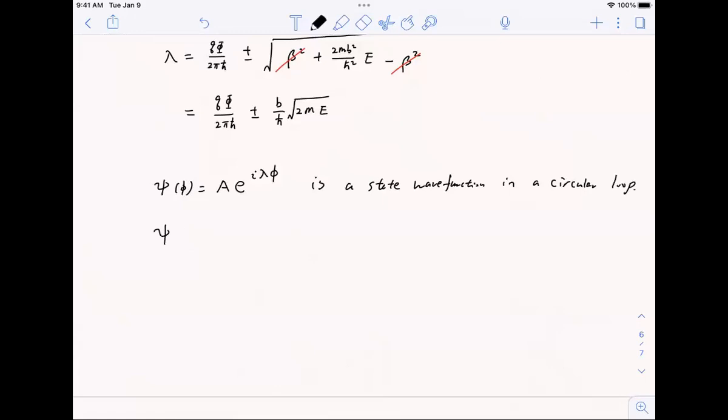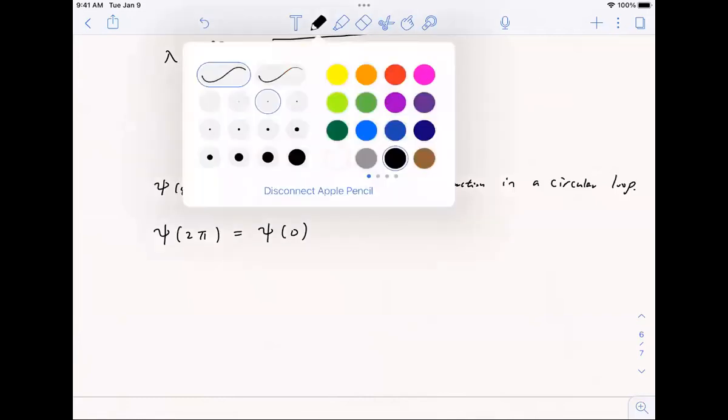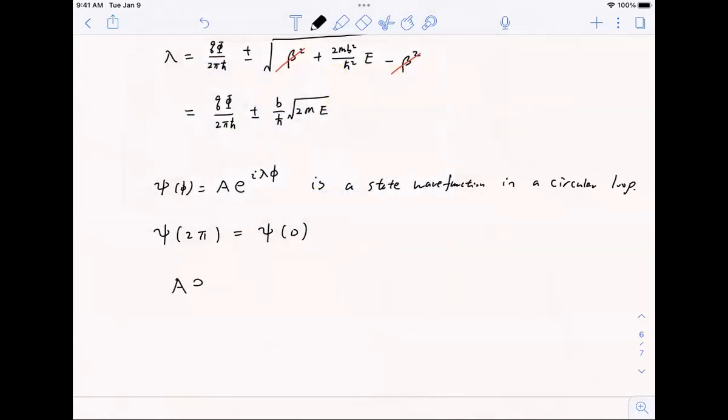So that means if you go around by 2 pi, basically you just say 2 pi, it needs to be the same. Because it's a loop, right? You go back to yourself. So what does it mean? That means A e^(i lambda 2 pi) needs to be the same as A at 0.